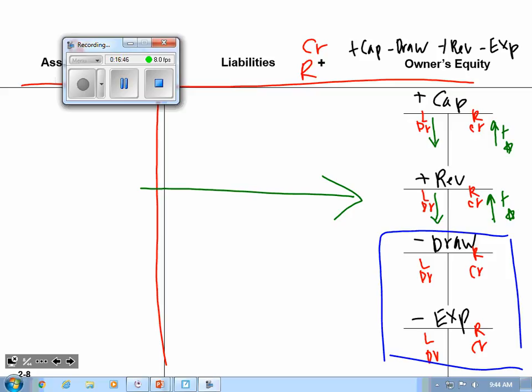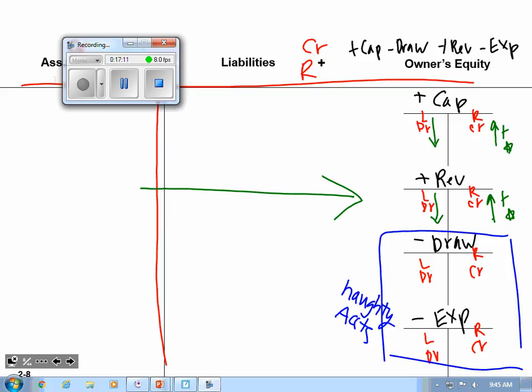So if I credit that, that would make owner's equity go up. These are what I call naughty accounts. That's the Marsism here. You'll never hear the book call these the naughty accounts. They don't follow the left and right rules.